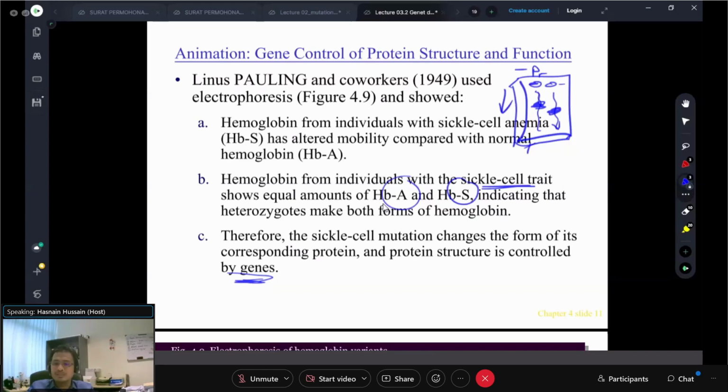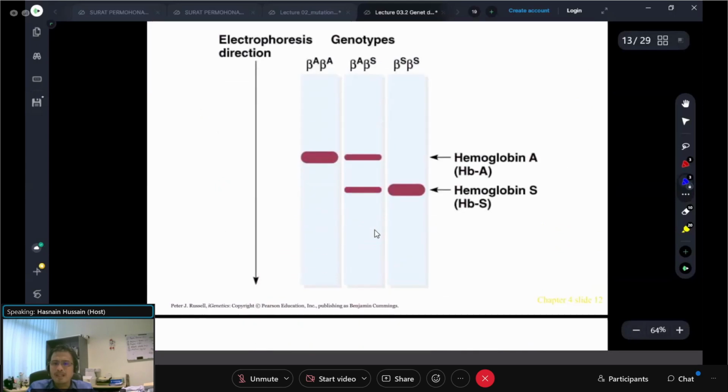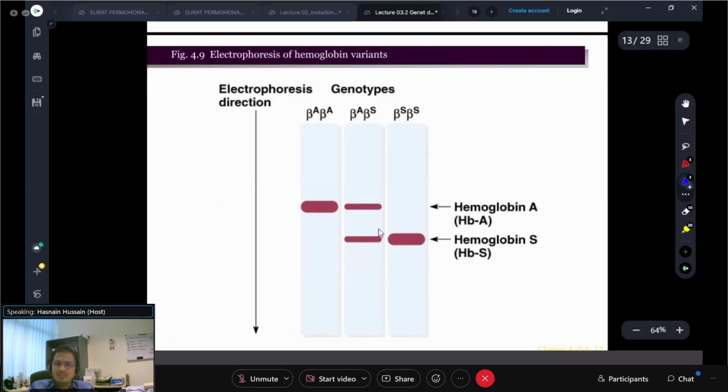In this case, Linus Pauling found that in the normal individual, when you extract the red blood cell and run it on the electrophoresis, it forms only one band. In some individuals that show slightly symptomatic sickle cell, when they looked under the microscope to see the shape, they found a mixture of normal and sickle.